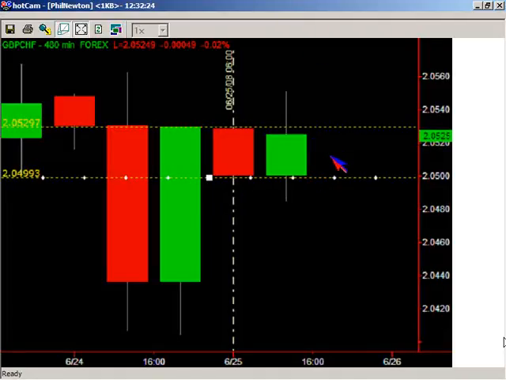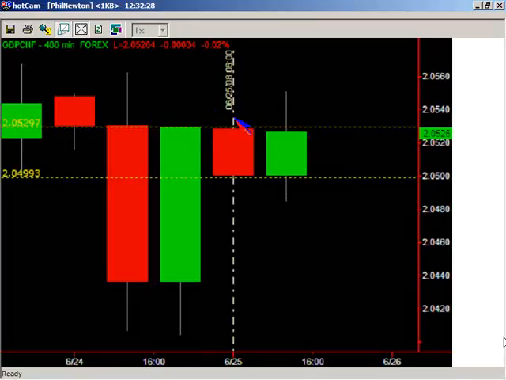But at the moment, you're looking for a long entry 10 points above the high of the bar. 205.29 is the high, so about 205.40, just for argument's sake, is where you'd be looking to go long with a stop loss below 204.99.